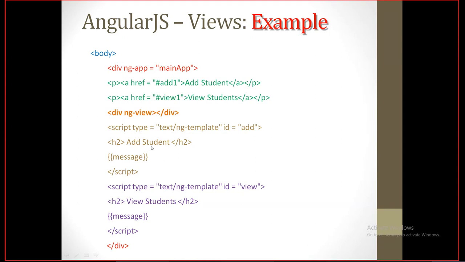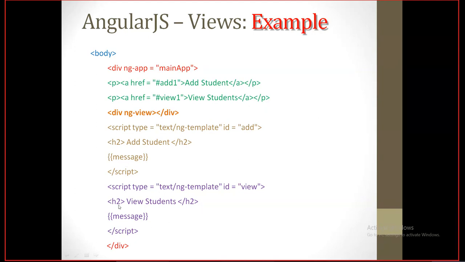Okay. Then basically we are designing a page in the script tag. So in that page or view, we have a header tag like add student. Here it is view student, and then we have an expression in which a message will be printed. So this message variable will be replaced with some value which we are providing from the controller of this view.